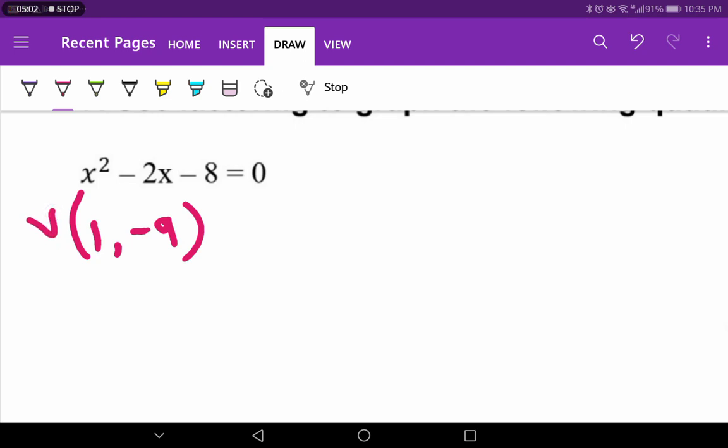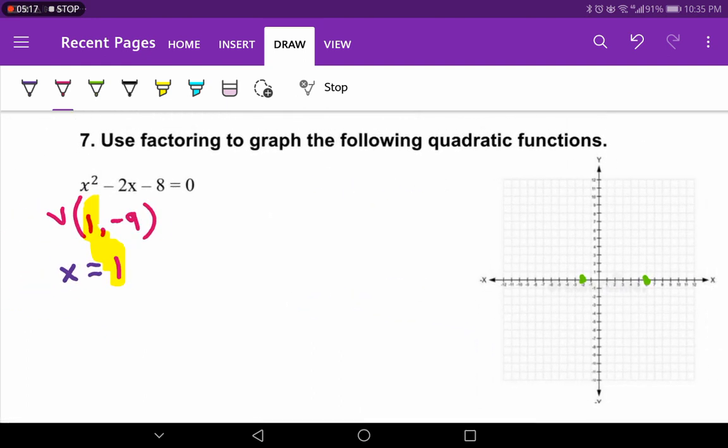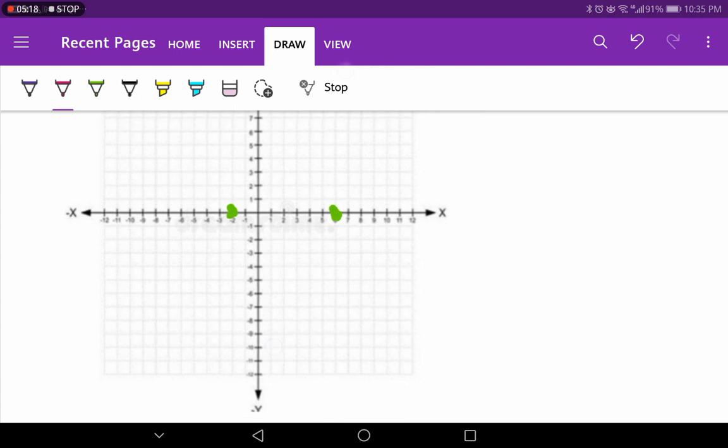And clearly the axis of symmetry is x equals 1. From where do I get the 1? From here. I know you know. Wallahi, I know you know. So I will go and draw the axis. It is 1. I will come here and draw my axis.